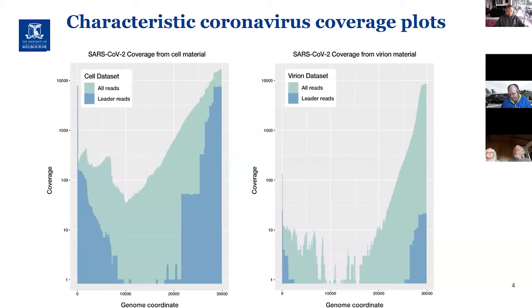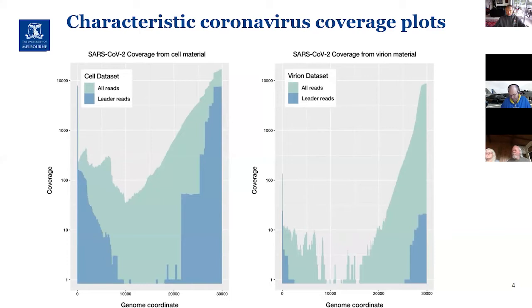The first is from the culture, so grown in the Vero cells. And Vero is very permissive for growing SARS-CoV-2, and you can get lots of reads, as you can see here. And then on the right, we also sequenced material from virion, so not grown, from the supernatant essentially. It's much harder to extract RNA from there, and you get much lower coverage, but we can still get some interesting data out of it.